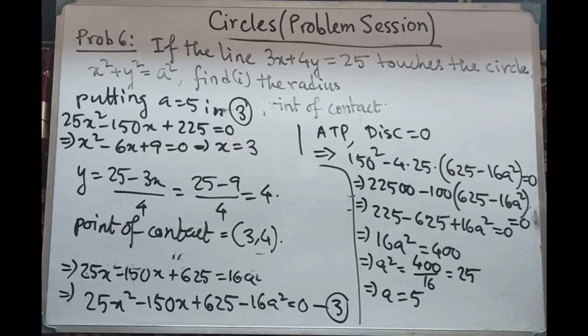So in this way we can solve the problem. I think it is clear to everyone. I will ask you to solve all the problems once on your own. Then only you will realize how the calculations are done.